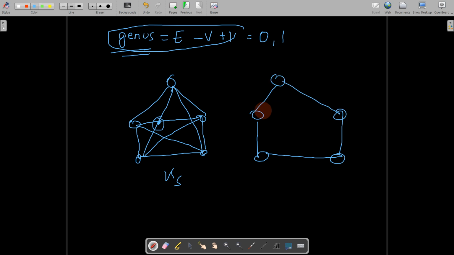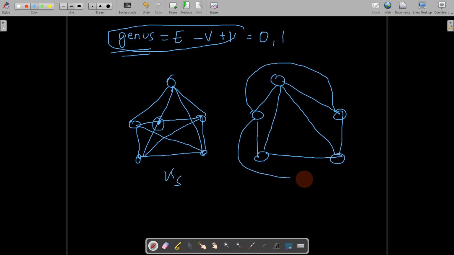This is your K5. Okay, I draw like this. Now this I cannot draw over here, so I will have to draw like this, and one more edge from here to here.